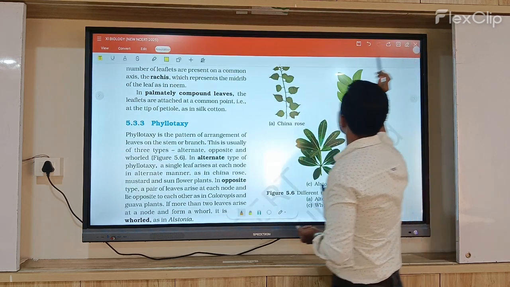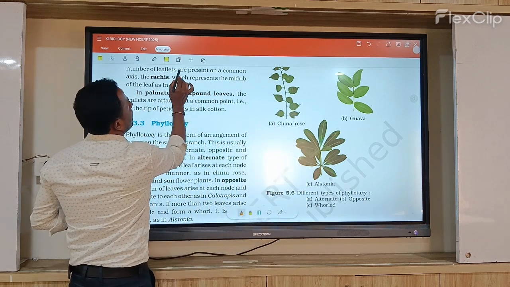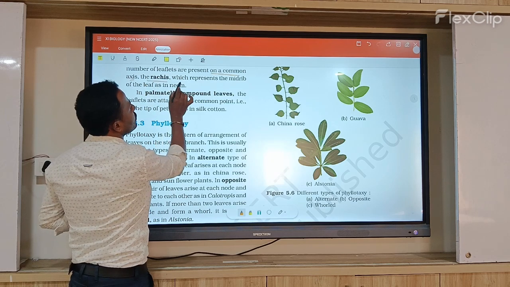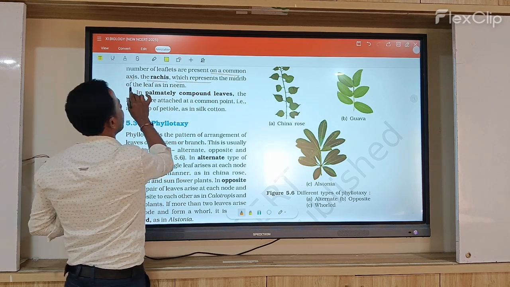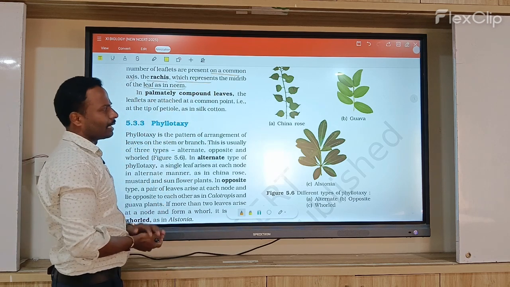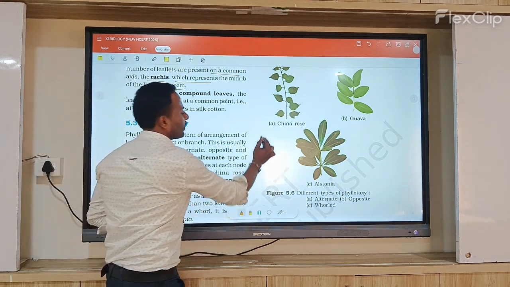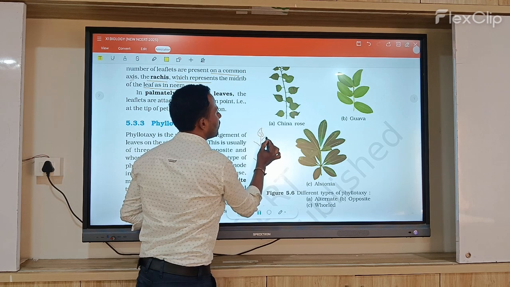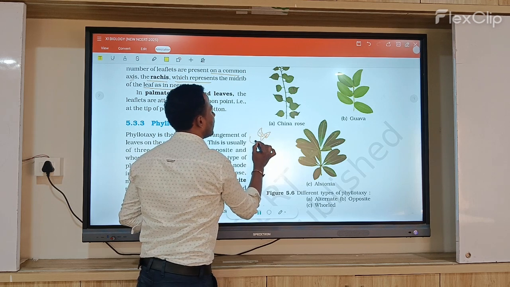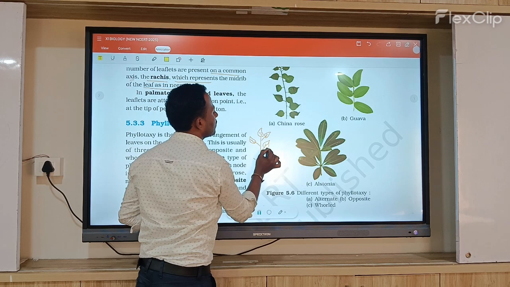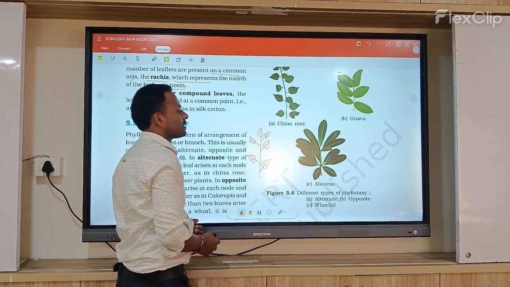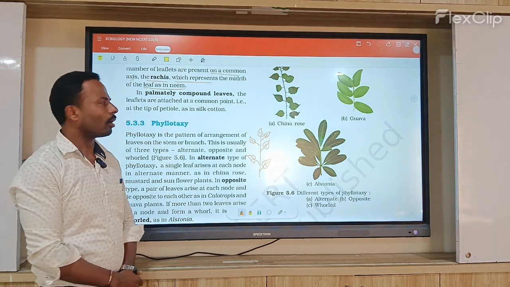In the pinnately compound leaf, a number of leaflets are present on a common axis, the rachis, which represents the midrib of the leaf. Neem is the best example. See, for example, the number of leaflets are arranged on a common axis. Such leaves are called pinnately compound leaves.